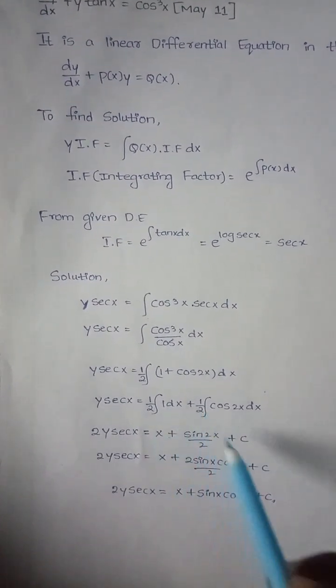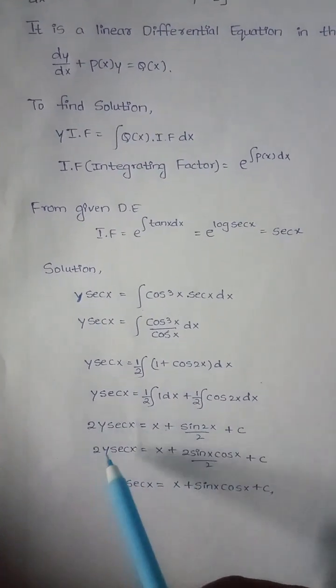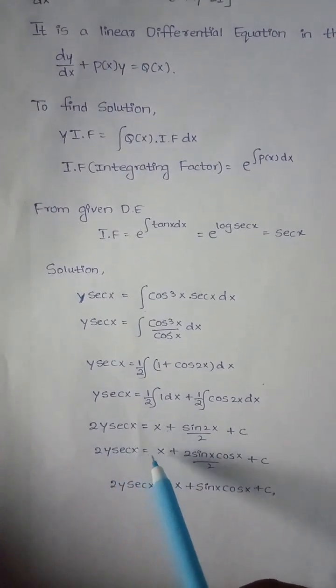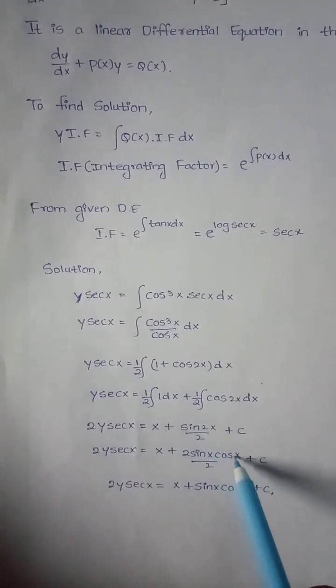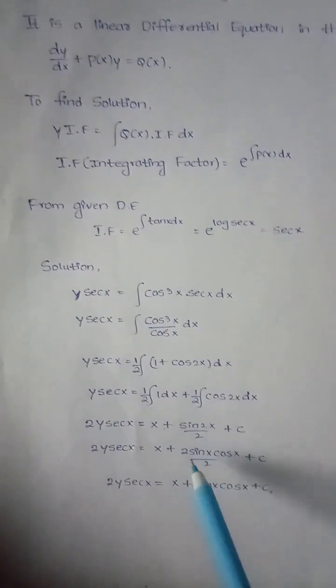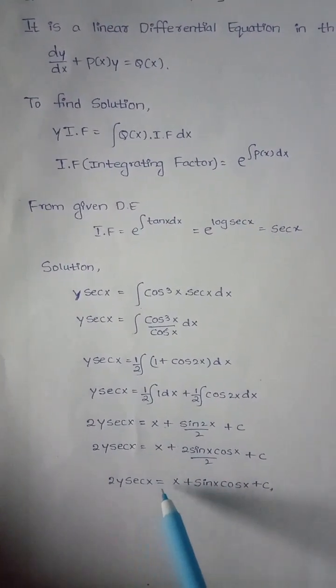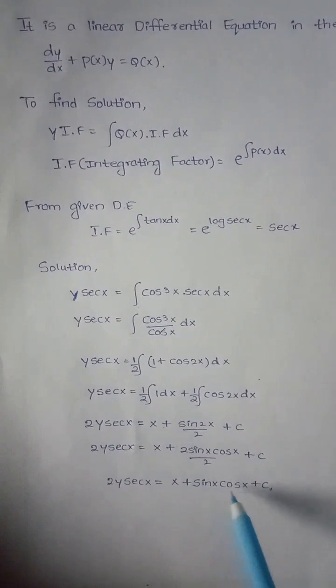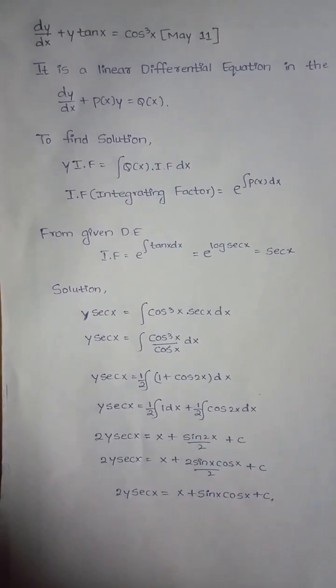Whenever we perform integration, we add a constant, that is plus c. Here 2y into sec x is equal to x plus sin 2x, which can be written as 2 sin x cos x by 2, plus c. Here the 2 gets cancelled, that is 2 into y into sec x is equal to x plus sin x cos x plus c. So this is the solution for the given linear differential equation.